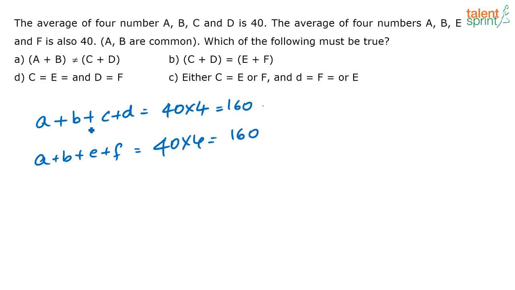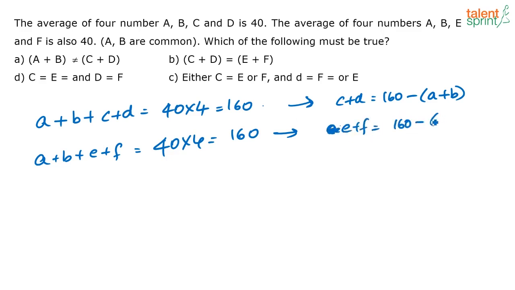Now what can you say? Using the above equation, you can say C plus D is equal to 160 minus of A plus B. Similarly, using the second equation, you can say E plus F is equal to 160 minus of A plus B. So the value of C plus D is equal to 160 minus A plus B, and similarly the value of E plus F is also equal to 160 minus A plus B. Or I can say C plus D is equal to E plus F from the given information.